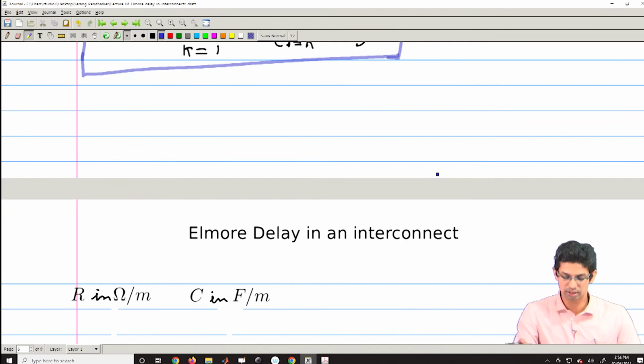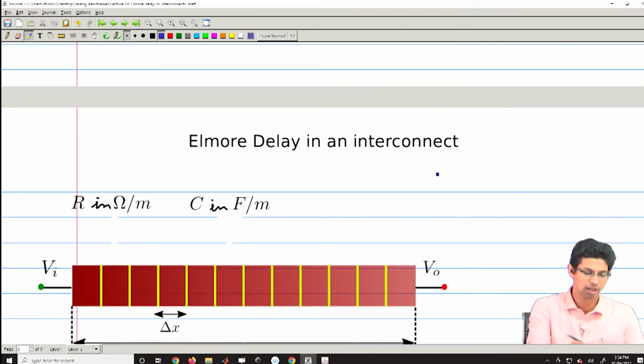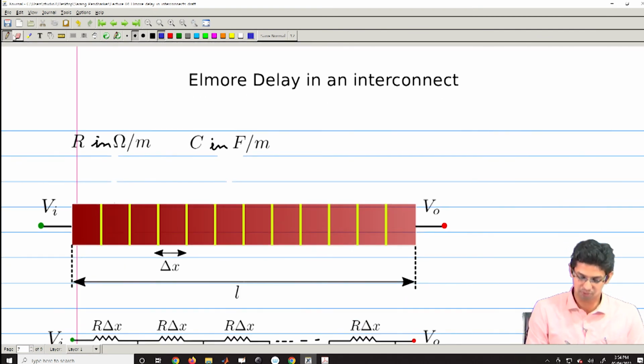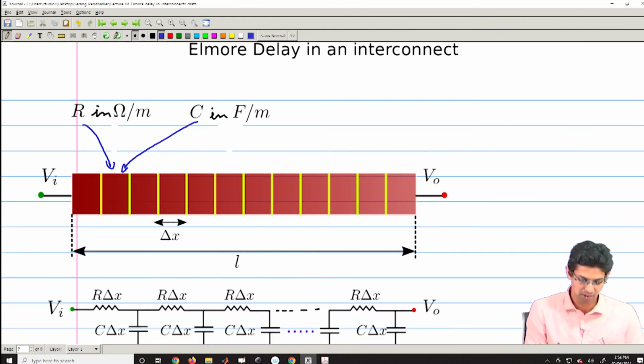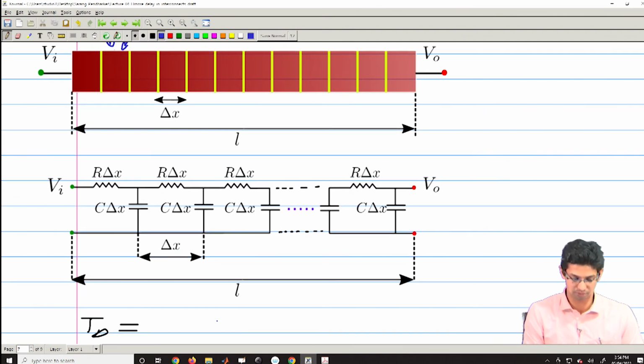Now, let us come to the main problem of Elmore delay in an interconnect. In the interconnect what we have is this. I have an interconnect like this, and I have segmented it into delta x. I am showing the top view. Each of these elements has some resistance and capacitance per unit length, and if I write it like this, I get something like this form.